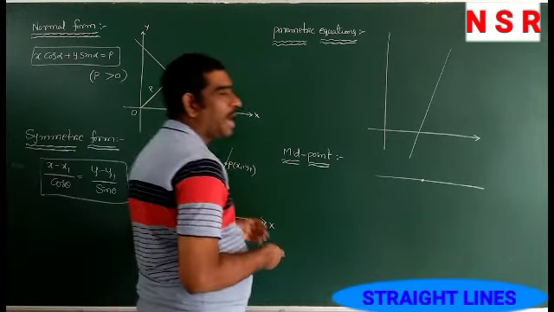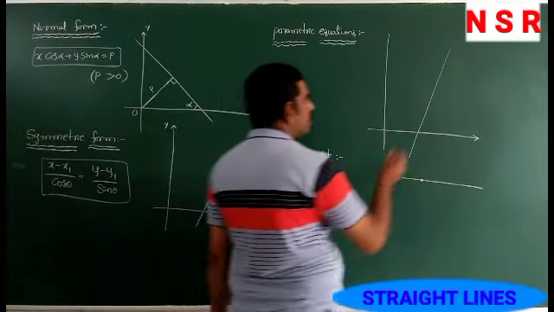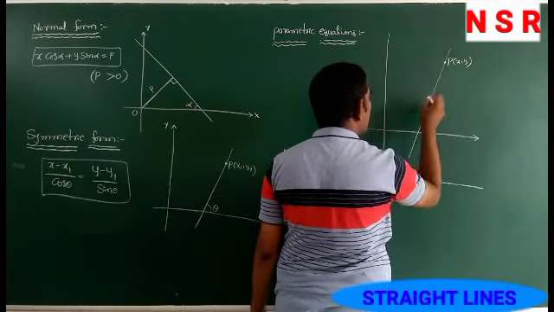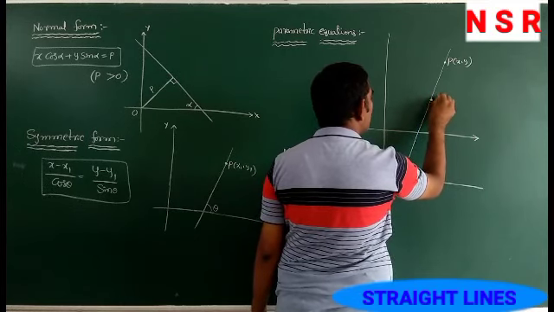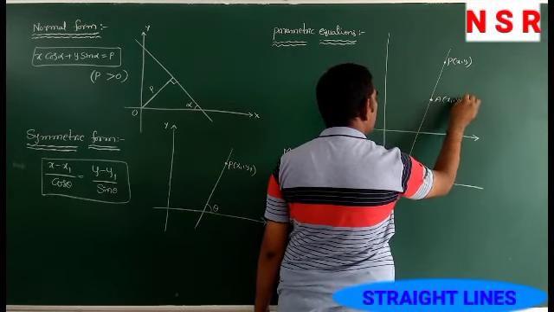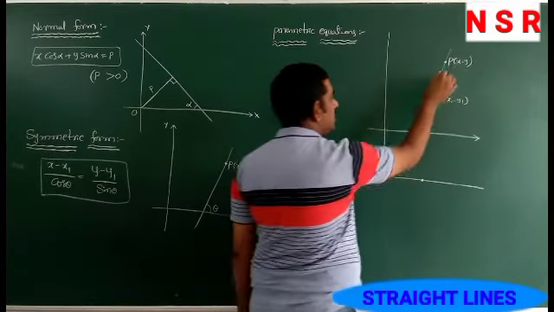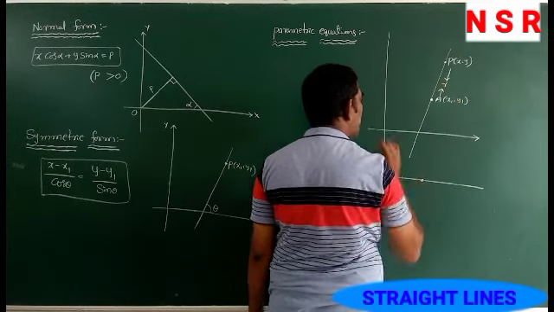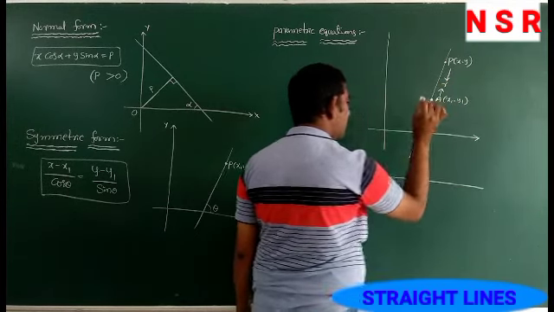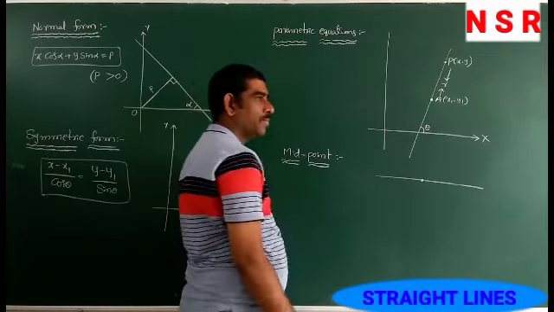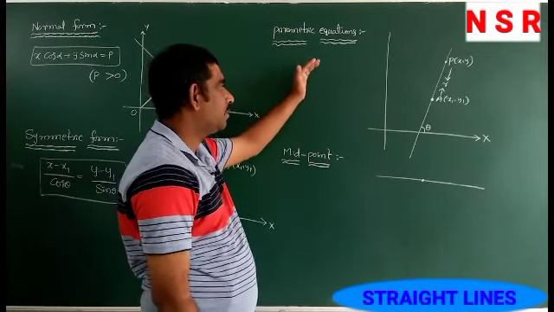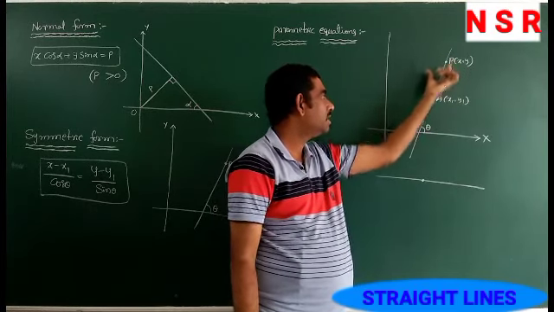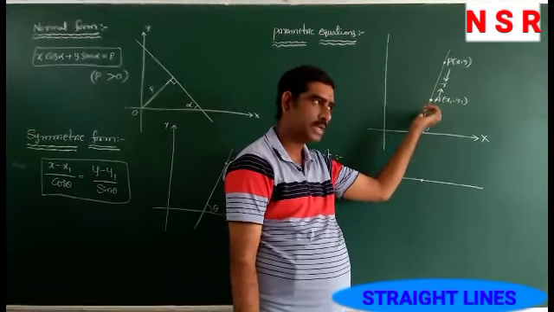Next, parametric equations. Suppose a point P(x, y) lies on this line, and this line passes through one point A(x1, y1).